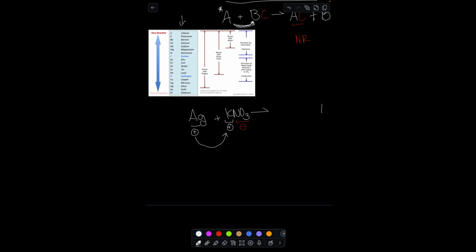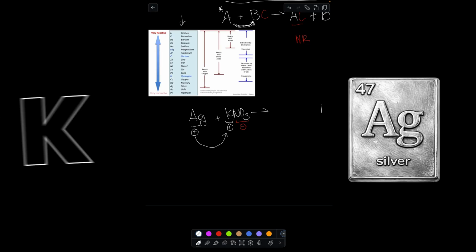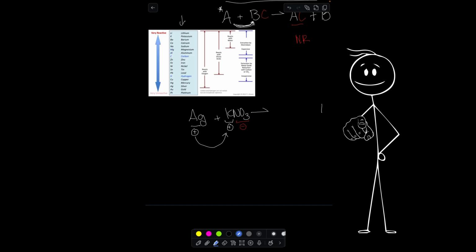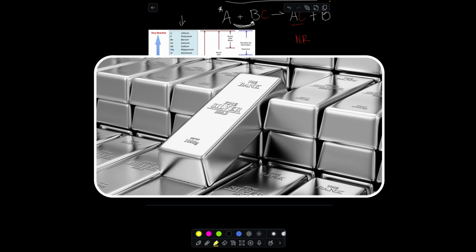So let's look at the list. Is Ag higher than K? Well, let's look at them on the list. And I'm going to highlight them in yellow. So Ag is right there. That's silver. I don't know if you can see that.